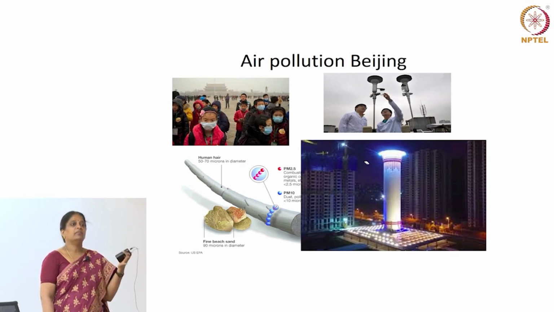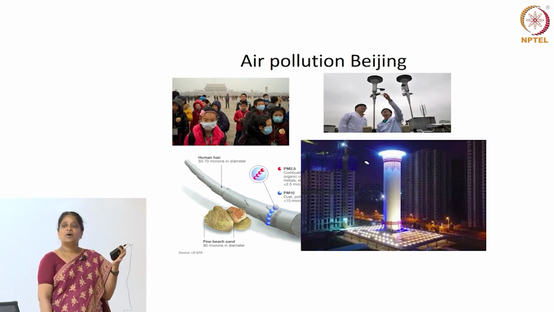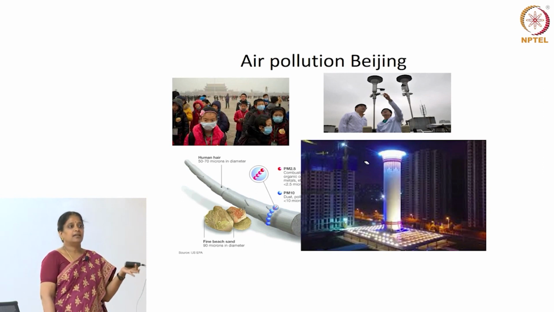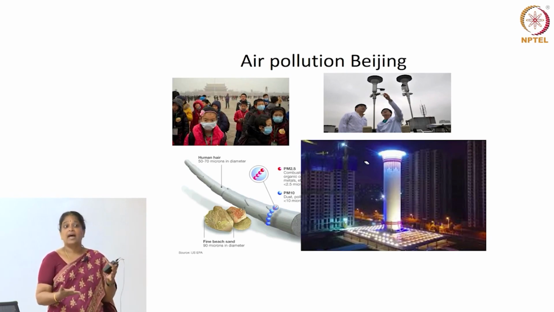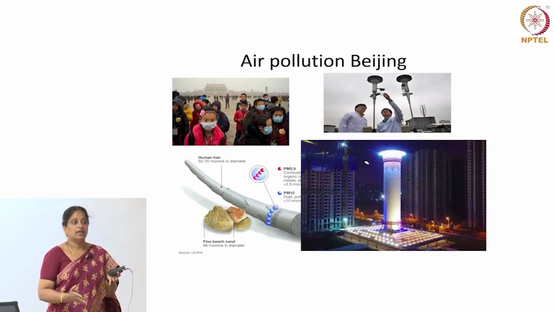Everything was ready, but they had taken a decision to cancel the Olympics. Why? The only reason was the air pollution in Beijing. They decided that it is not safe for international people to travel to Beijing and be there that month for the Olympics. The air pollution was so bad.